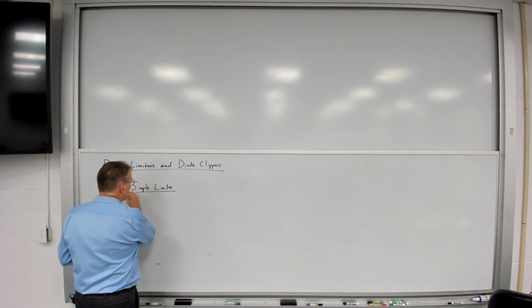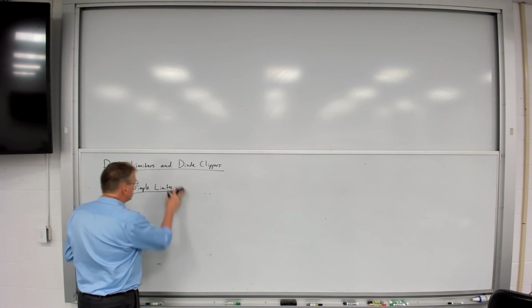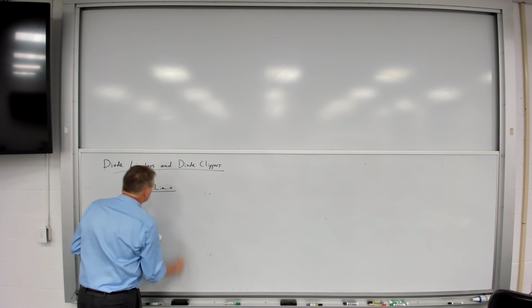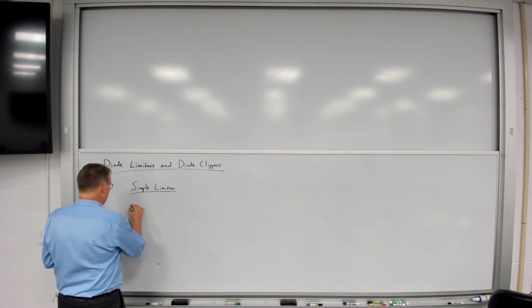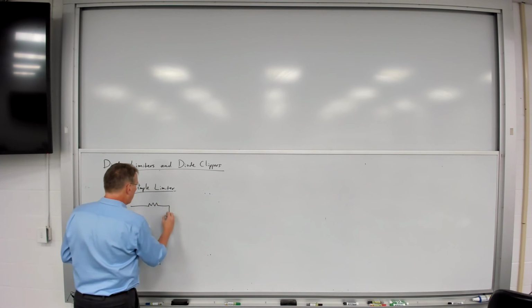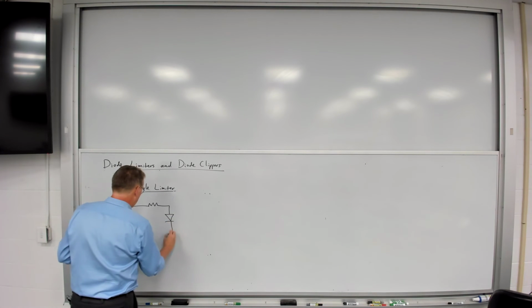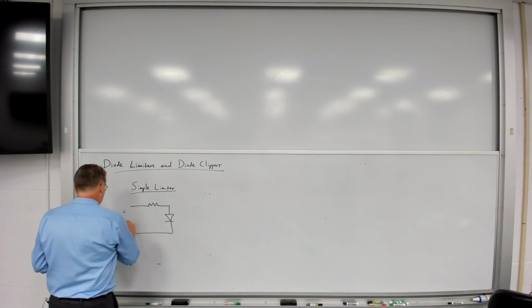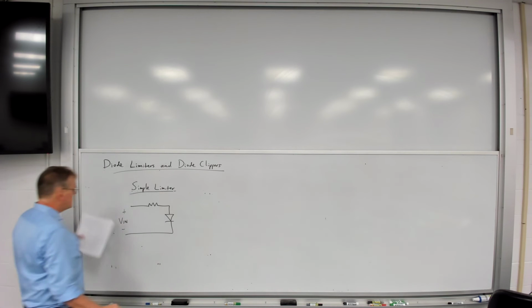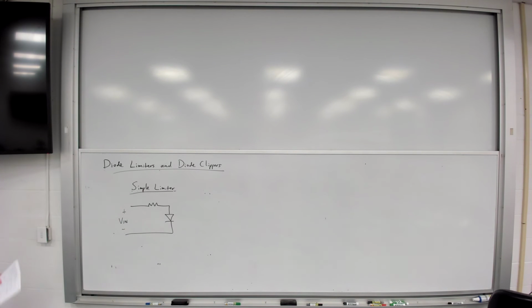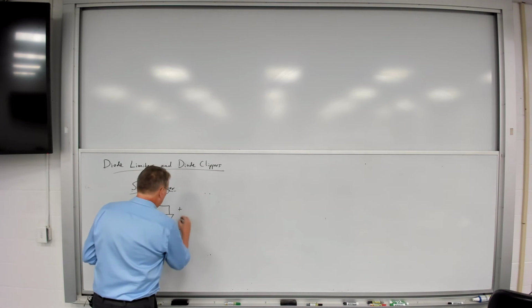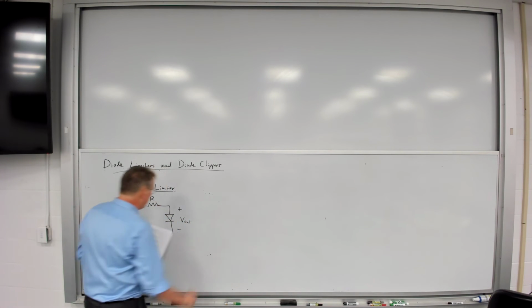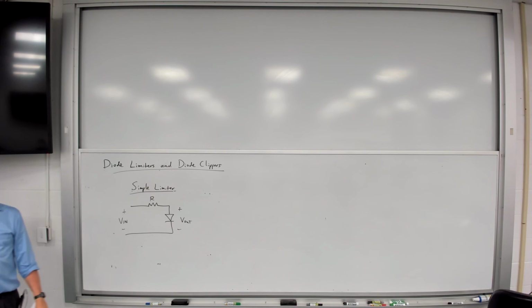And when you think about it, what I'm going to draw here makes kind of sense, based on what you guys have seen so far. Let's say I've got an input voltage, Vin, connected to a resistor, and then I've got a voltage Vout that I'm taking across that diode.